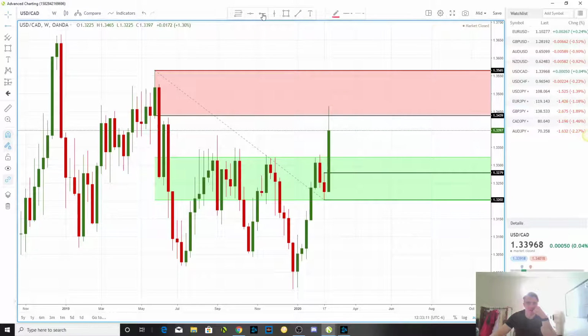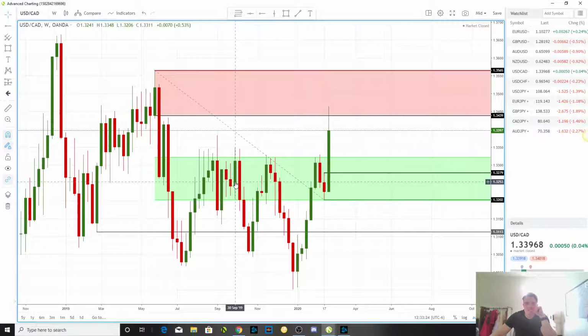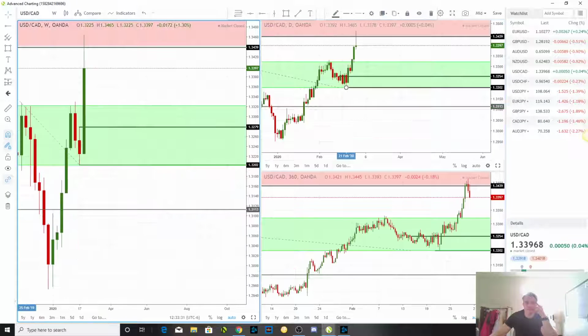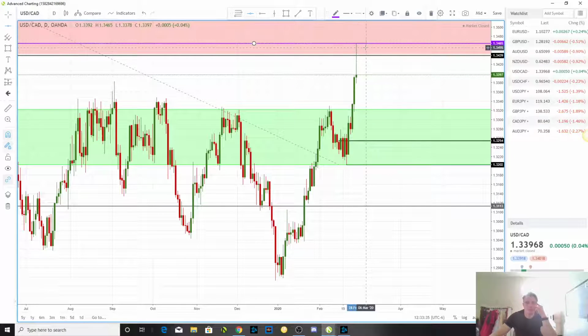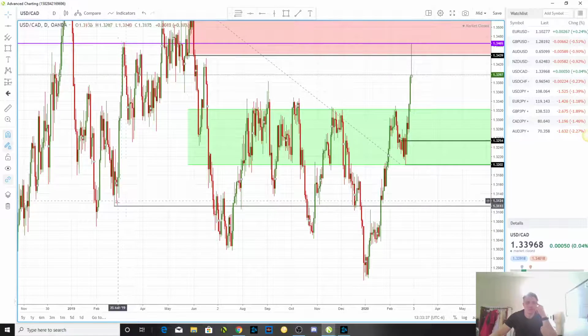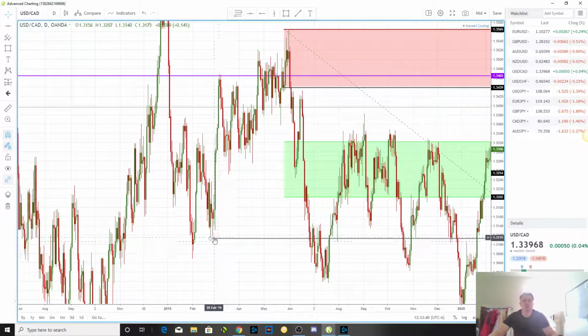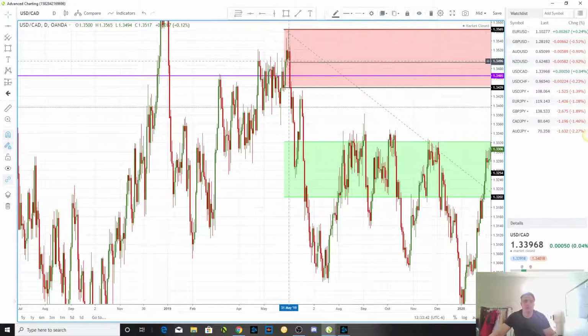For the US dollar Canadian, anything above there, so that's going to be a lot of stuff. So we'll do here, put on our purple line. And there we go, we've got this.